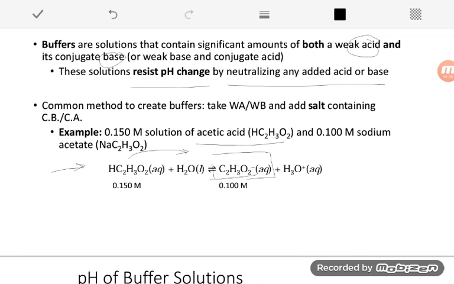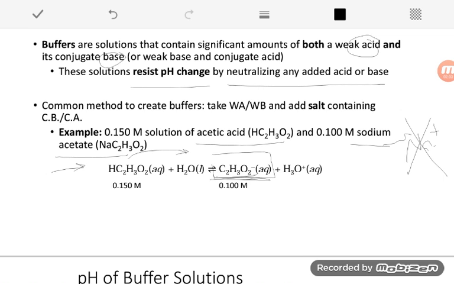Well, you can't actually isolate ions for very long. Ions are very reactive, and it's really hard to just get a pure sample of those. So an easier thing to do is attach this conjugate base, this acetate ion, to a neutral ion to create a salt. So for instance, here we have sodium acetate. By putting in sodium acetate, it's going to dissociate. The sodium ions are going to float away and do basically nothing.